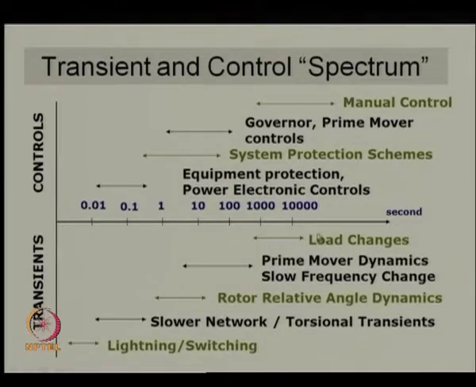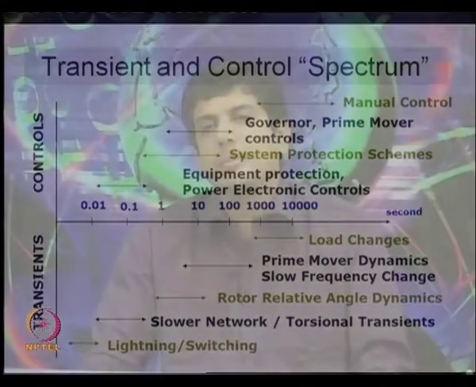Although it is true that I can cause a load change by simply going and switching off a bulb, in an aggregate sense, if you look at an extra high voltage substation or the power system as a whole, the overall power being consumed at a given time does not vary very dramatically.